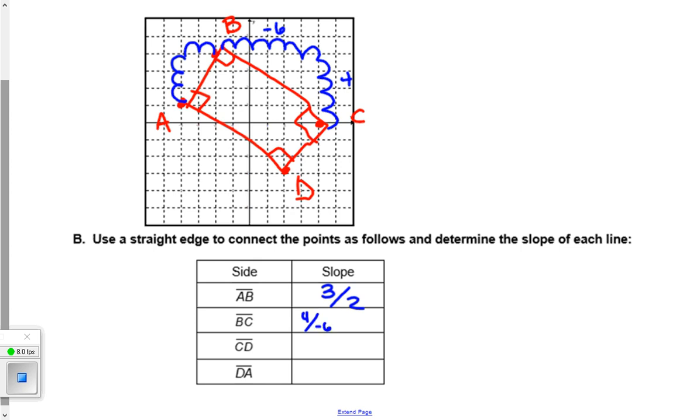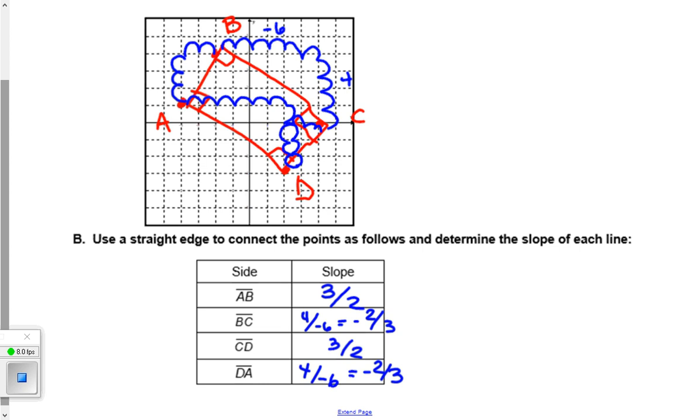So 4 over negative 6 would be negative 2/3. Side CD, again, my rise, 1, 2, 3, run 1, 2. Side DA, rise 1, 2, 3, 4, run 1, 2, 3, 4, 5, 6 in the negative direction.